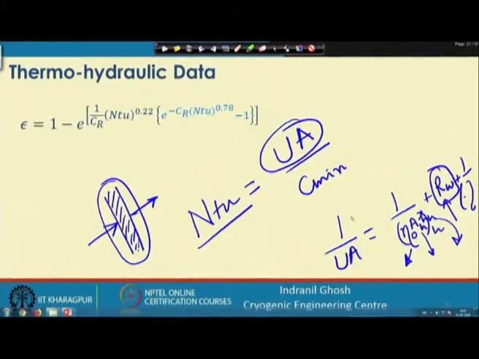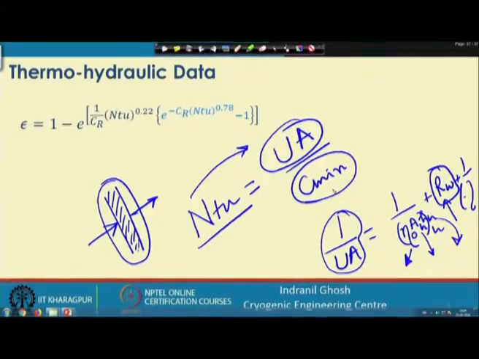So, ideally we are supposed to evaluate this UA, which is necessary for estimating the NTU. And for the other part, C min, the minimum capacity fluid, we would be able to evaluate, and thus calculate the NTU value.